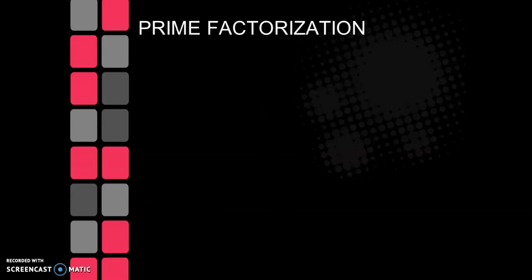So let's have the prime factorization. To find the GCF, we need to use prime factorization. If you can still remember, prime numbers are numbers which have only two factors, 1 and itself. We reviewed that in the previous lesson in Module 1.